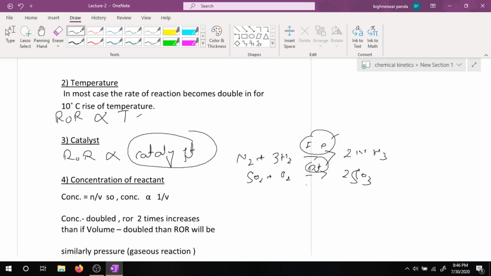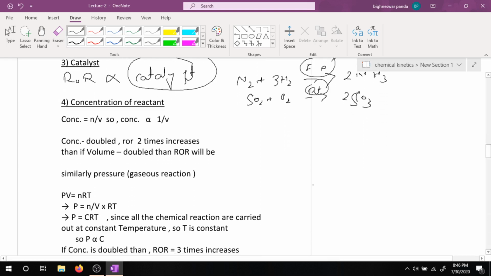The most important factor is concentration of a reactant. Before starting concentration of reactant, we need to understand what concentration is. Concentration is simply number of moles per liter.